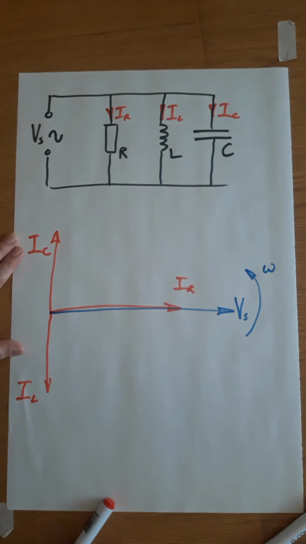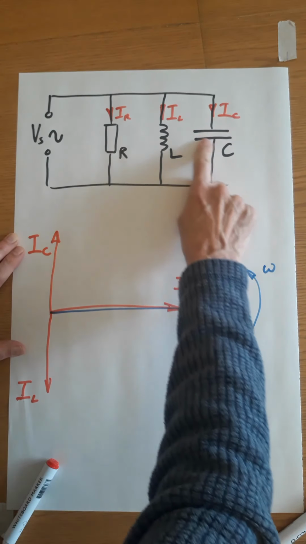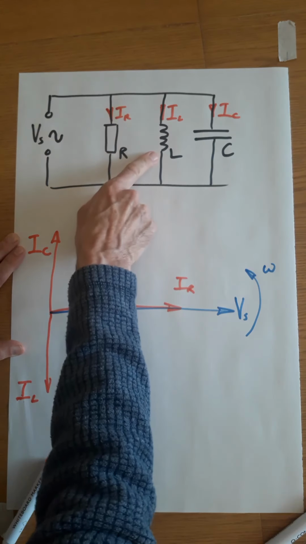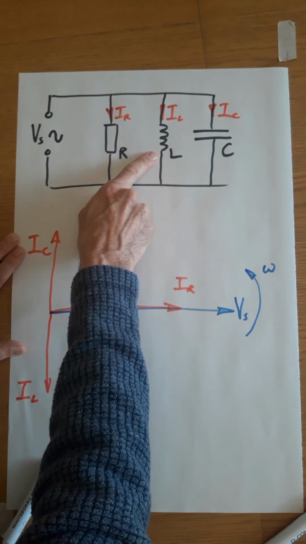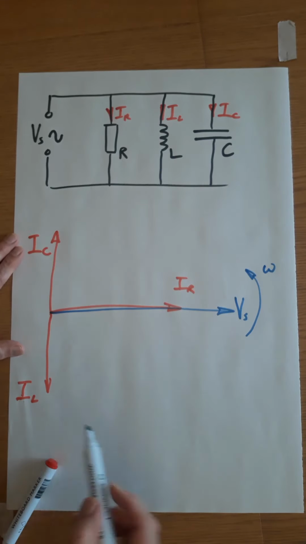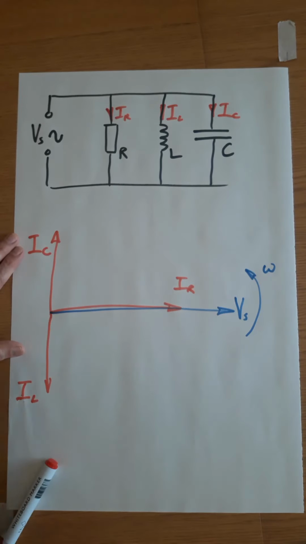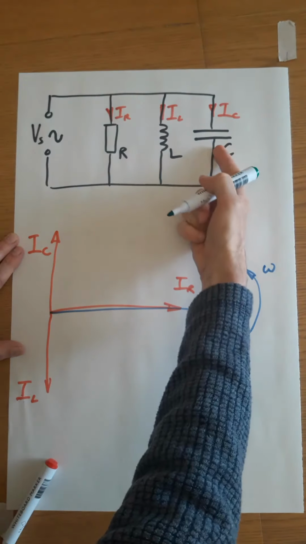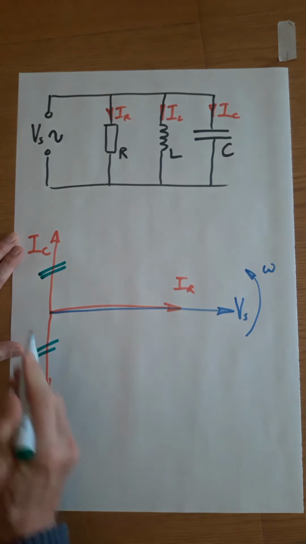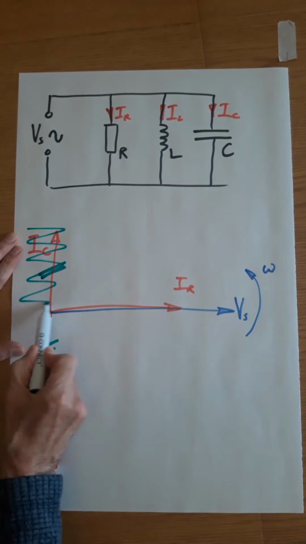And this is the magic of it. We would calculate the value of this capacitor to take the same amount of current as the inductor takes. And if we remember that at any instant in time, the current through the inductor and the current through the capacitor are total opposites, then what we've done by incorporating a capacitor into the circuit is we've created two identical and opposite currents, which basically cancel each other out.